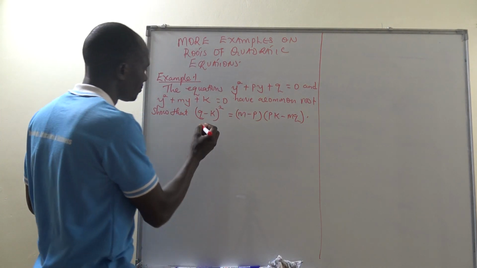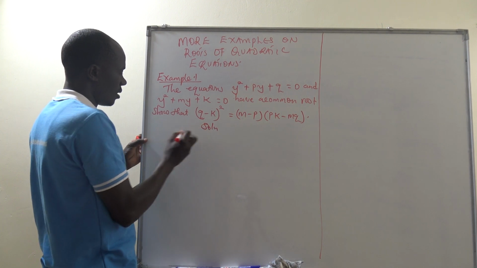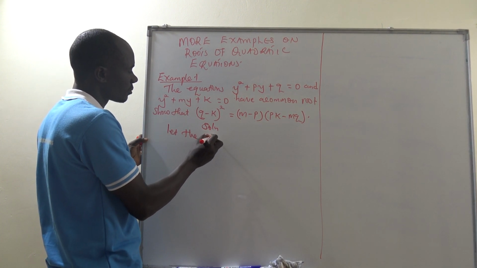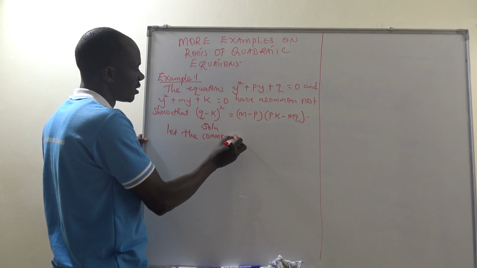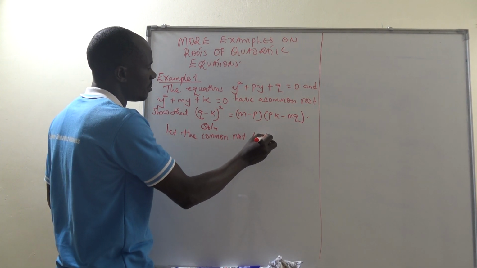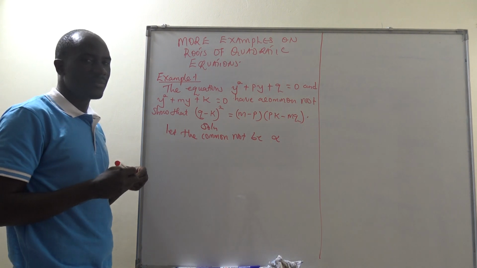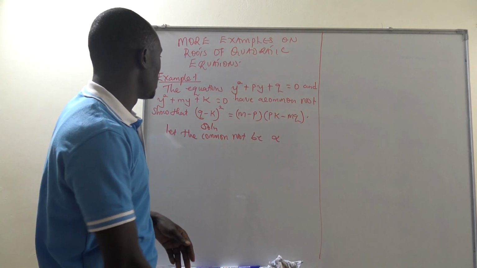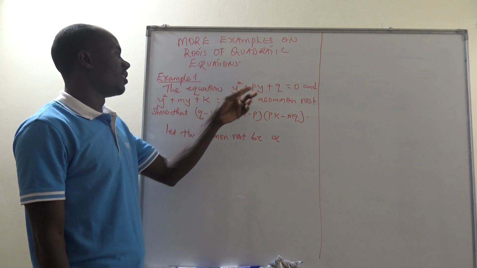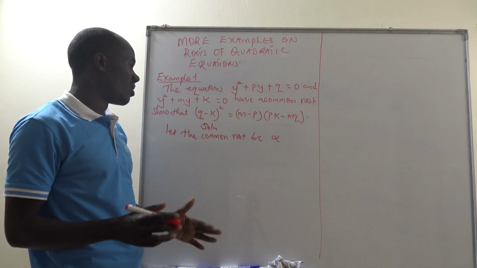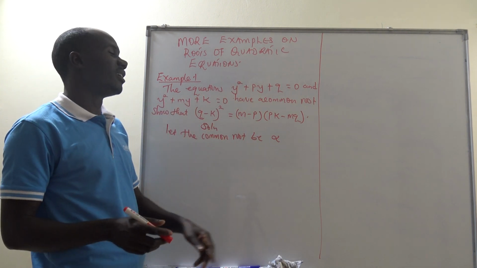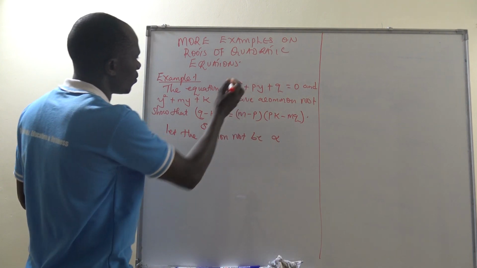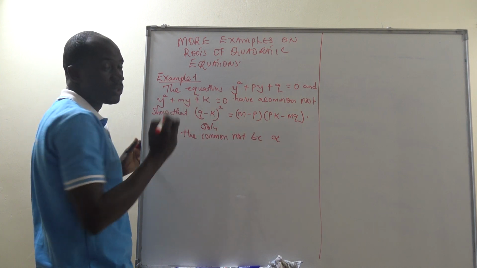So let's go. Let the common root be alpha. Where I see y the variable, I'm going to substitute an alpha. So let's go on the first one. Where there is y, replace it with alpha.